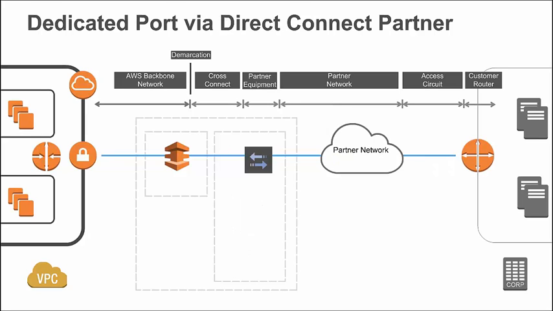Alternatively, a Direct Connect partner such as AT&T or Level 3 can arrange a cross-connect on your behalf to their network equipment at the facility. They can then transport it using one of the previously mentioned services to your location and router where you will still be running BGP over VLANs.